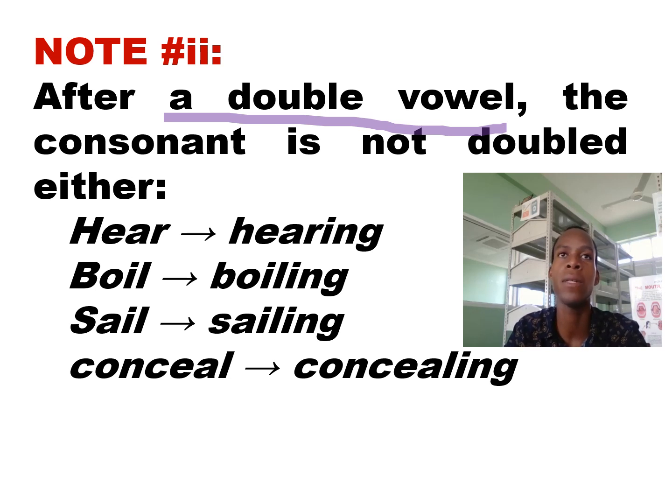If you have those vowels before the final sound, you will not double the consonant. For example, here we have double vowels: E, A, O, I, A, E, E, A. We don't double the final sound if we have double vowels.